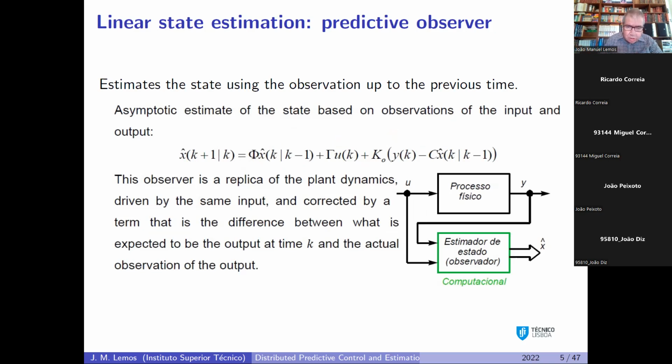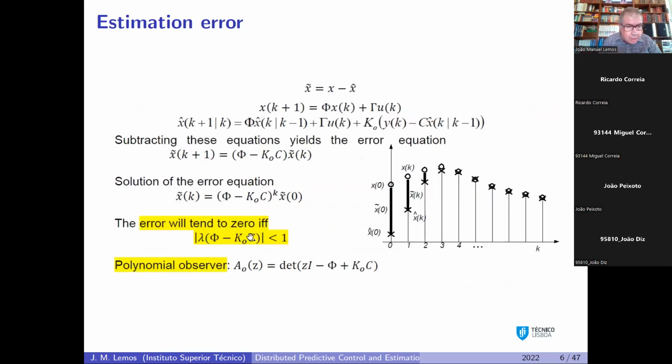Okay, so when you specify the desired closed loop eigenvalues for the error, the eigenvalues for this matrix phi minus KOC, the roots of this characteristic polynomial, if it is too fast, your observer is too fast, the bandwidth is too big, okay?